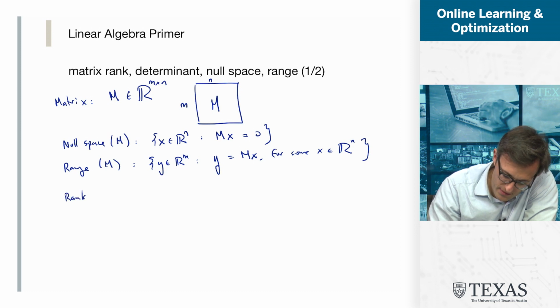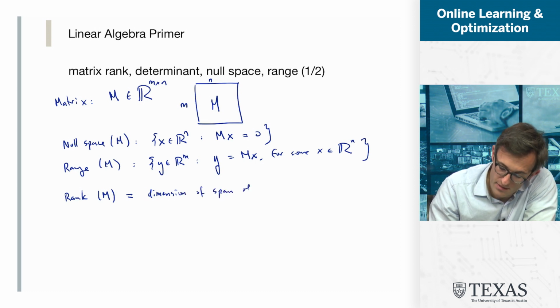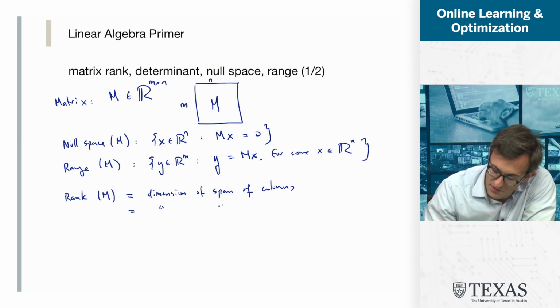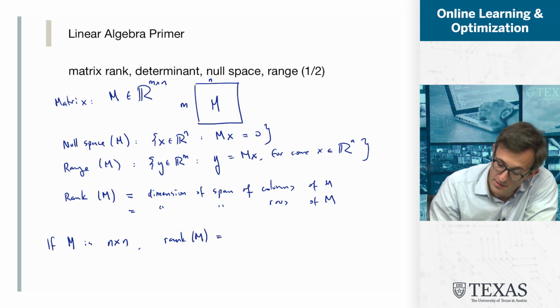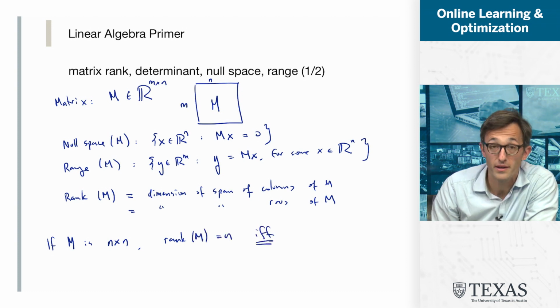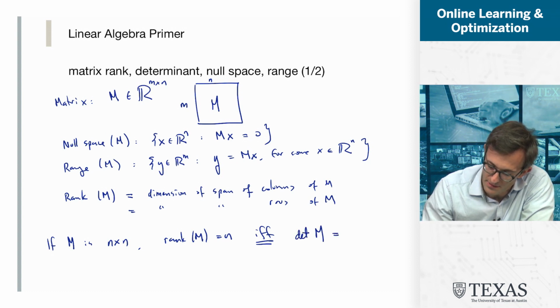The rank of a matrix is equal to the dimension of the span of the columns, which is also equal to the dimension of the span of the rows of M. And if M is n by n, then the rank of M is equal to n if and only if the determinant of M is not equal to 0.